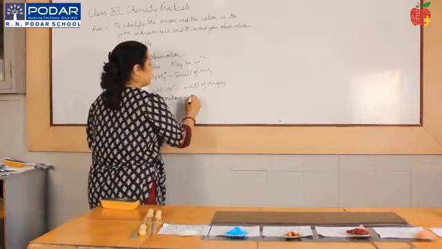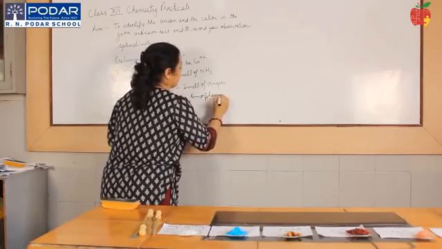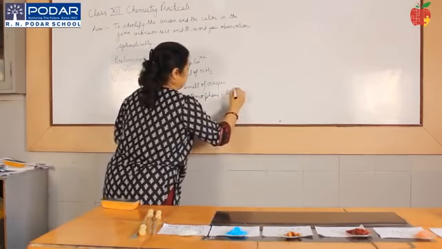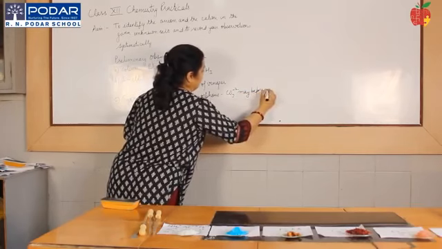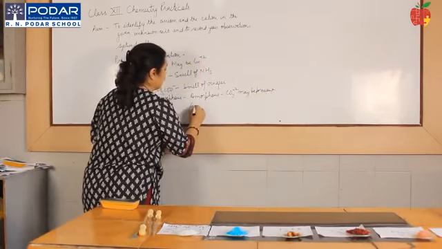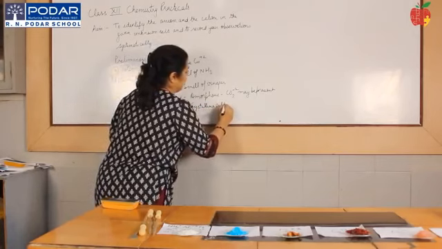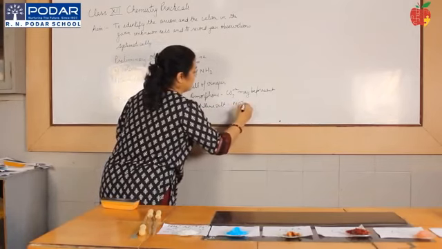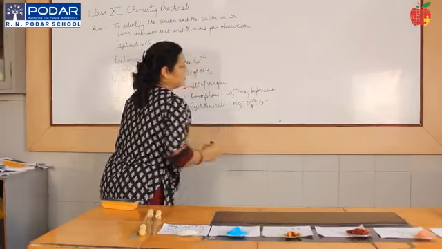If it is an amorphous salt, what we conclude is that maybe your carbonate is present. And if it's a crystalline salt, then you may have a nitrate, a sulfate or a chloride.